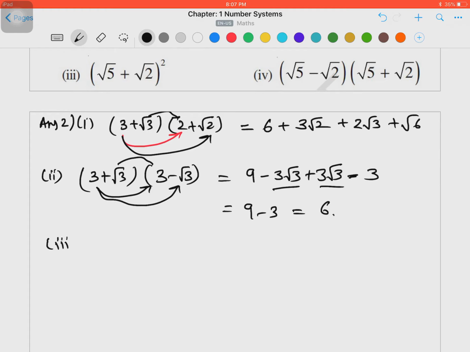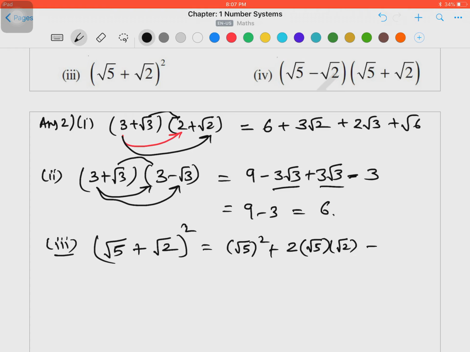The third part is root 5 plus root 2, whole square. We'll apply the identity (a plus b) whole square. So this will be the square of the first term, which is root 5, plus twice a into b, where a is root 5 and b is root 2, plus the square of the second term, which is root 2.